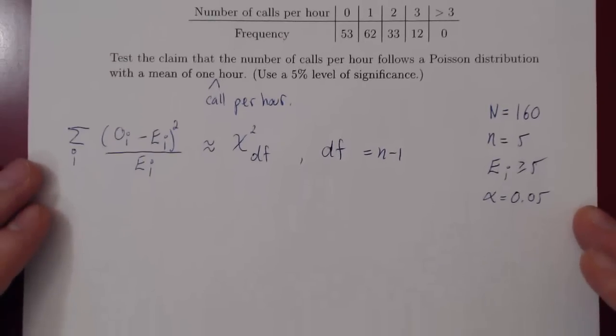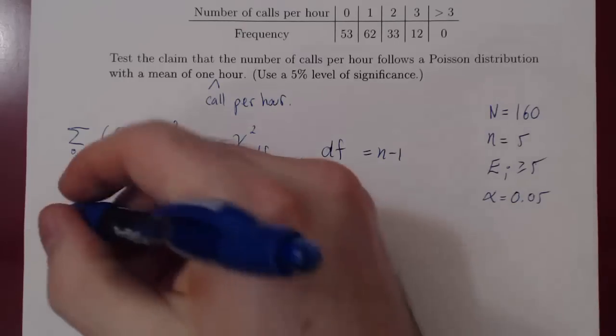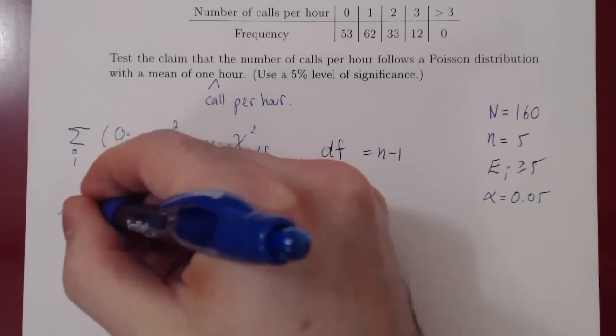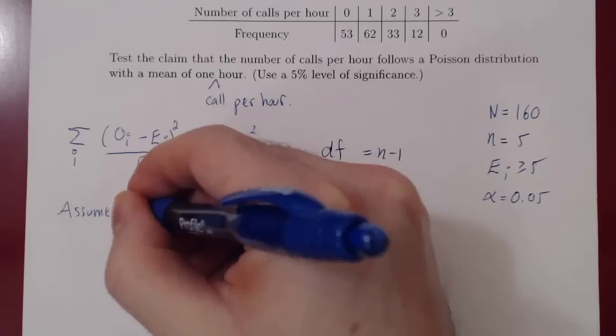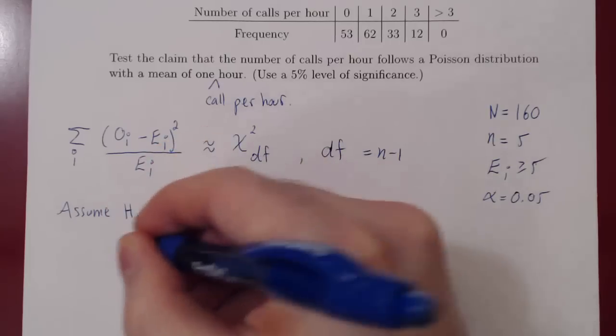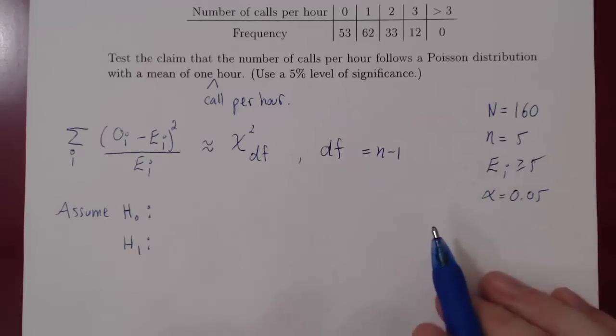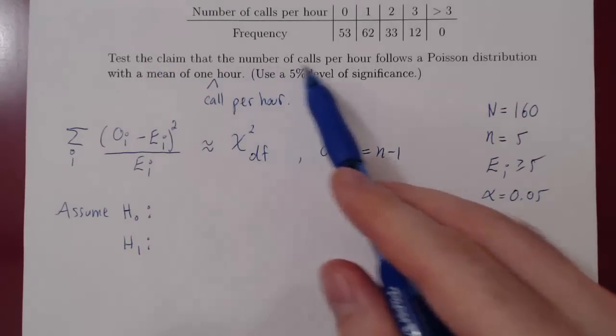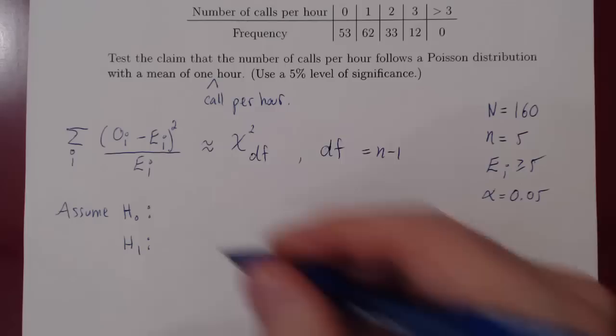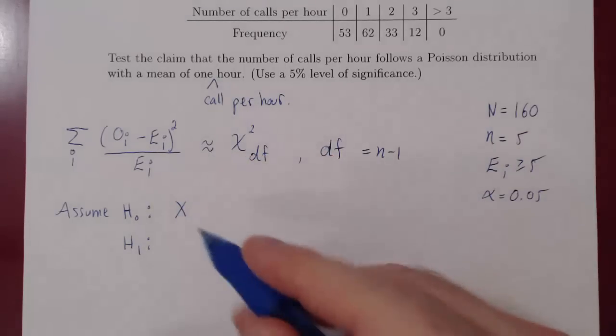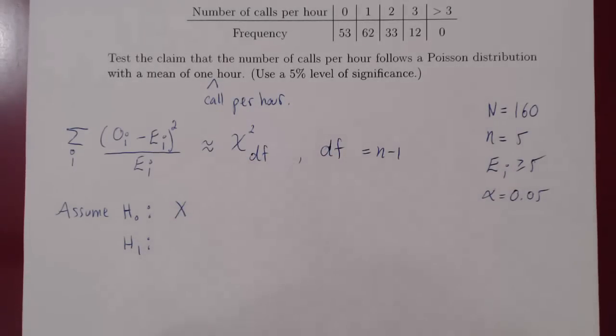Let us now state our two hypotheses. We will, as always, be under the assumption of h naught, and formulate h1. Well, what is the claim here? The claim is that the number of calls per hour, we could call that x, is our random variable: the number of calls received at this call center every hour.